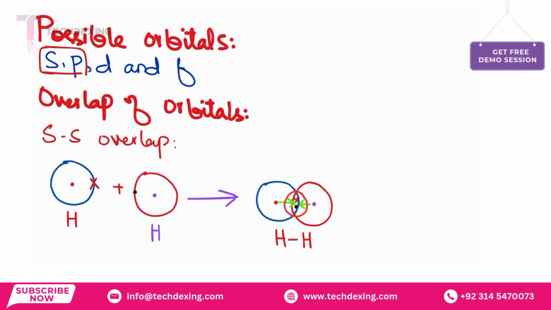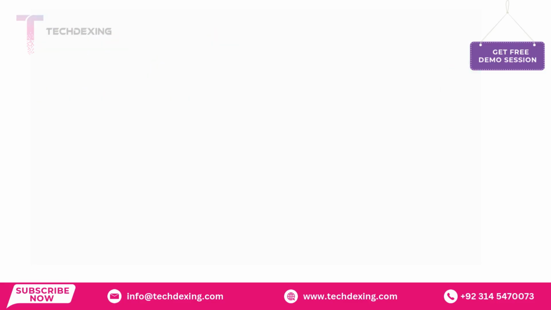Okay, so now move to the next slide. The next type of overlap we are going to discuss is the s and p overlap. So good girl, can you tell me what is the shape of a p orbital?